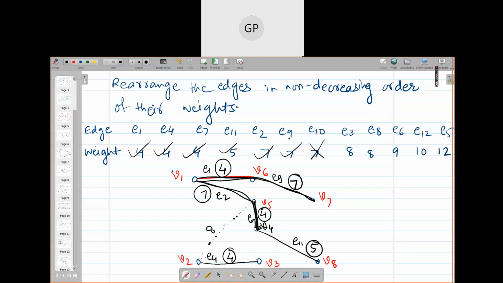Is any circuit formed? No, ma'am. Therefore, I can include this. How many edges have I got so far? 1, 2, 3, 4, 5, 6, 7. I have 8 vertices and 7 edges, so that no circuit is formed and all the vertices are connected. So should I stop here making the spanning tree?